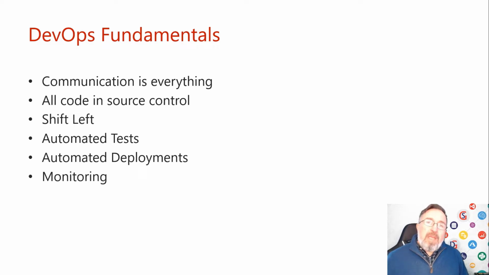The starting point on the far left is dev, and you want to make your dev environments look as much as you can, and I really emphasize those words, as much as you can, like production.